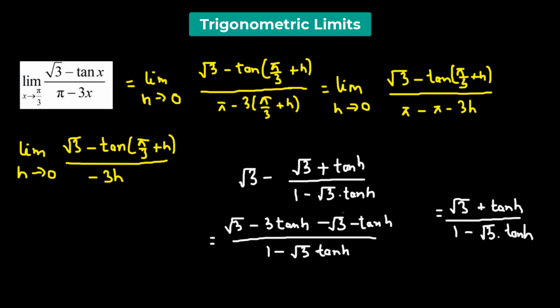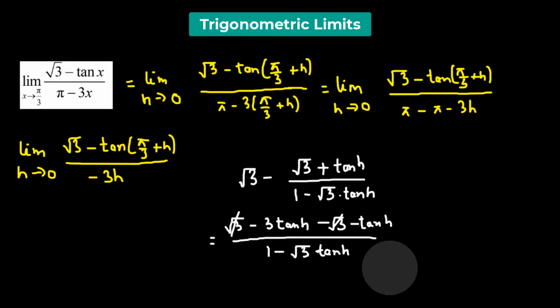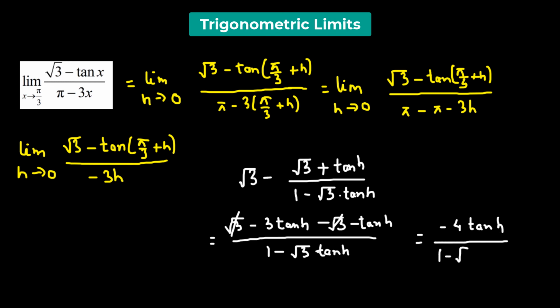So the square root of 3 and negative square root of 3 get cancelled, leaving us with negative 4 tangent of h divided by 1 minus square root of 3 tangent of h. So this is the entire numerator.